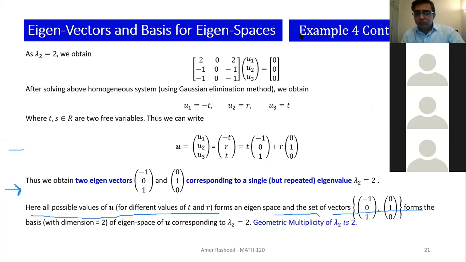I don't think so, because the homogeneous linear system which we obtain by inserting the eigenvalue, the coefficient matrix in that homogeneous linear system must be singular. क्यों? क्योंकि हमने आइगन वैल्यू को कैसे फाइंड किया है?